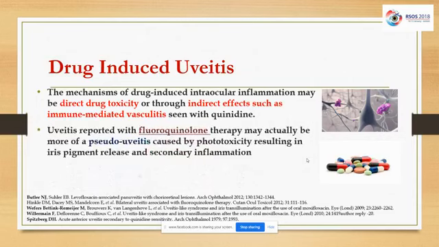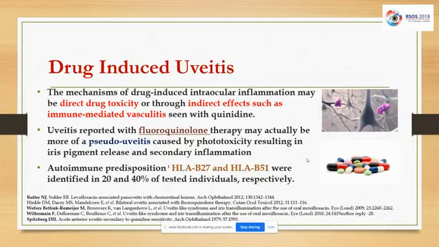Uveitis reported with fluoroquinolone therapy may actually be a type of pseudo-uveitis caused by phototoxicity resulting in iris pigment release and secondary inflammation, rather than a true uveitis. And the autoimmune predisposition in those patients was found related to HLA-B27 and HLA-B51 in 20% and 40% of tested individuals respectively.